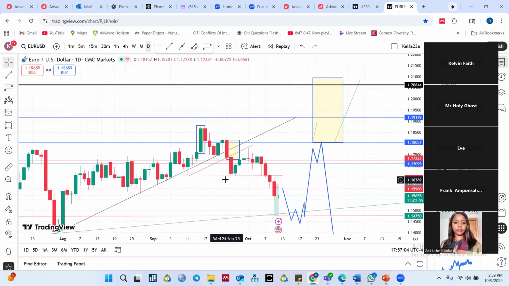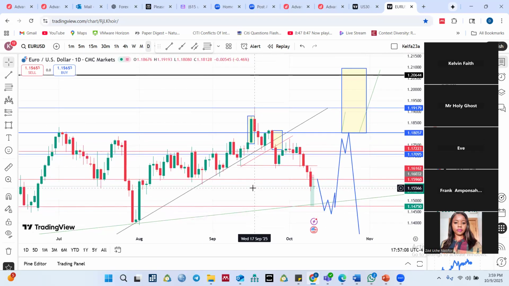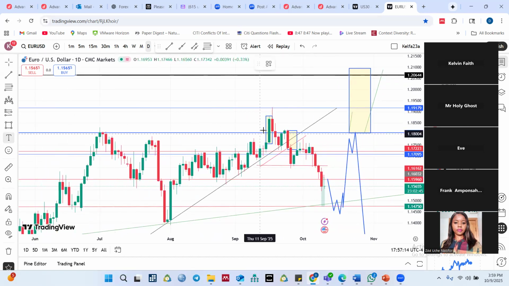Okay, so in the general sense, what do you as a trader have to make out of this? One, the concept is that sellers are here. Sellers are sitting right on the blue line and they are pushing price down, down, down.